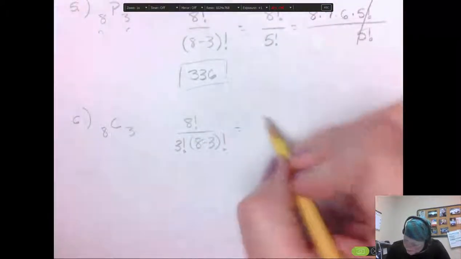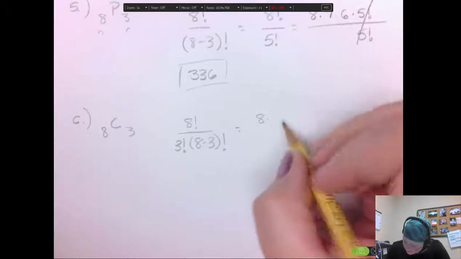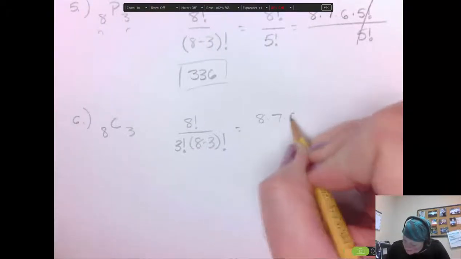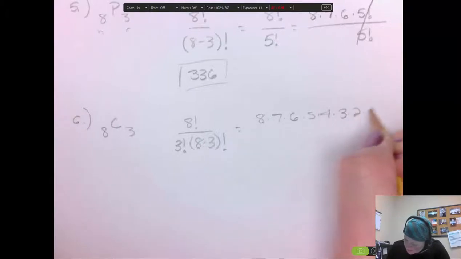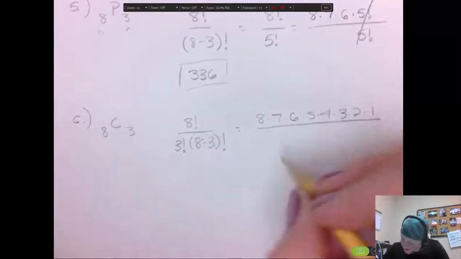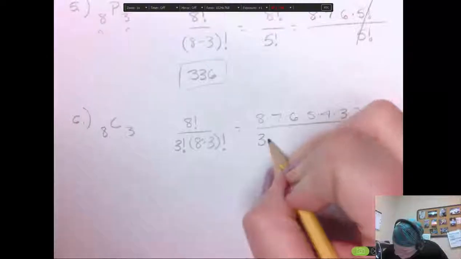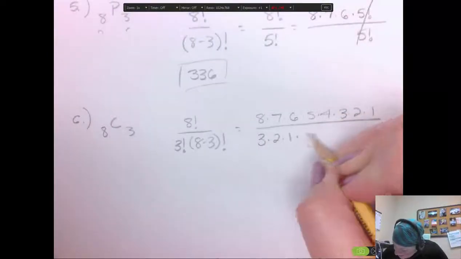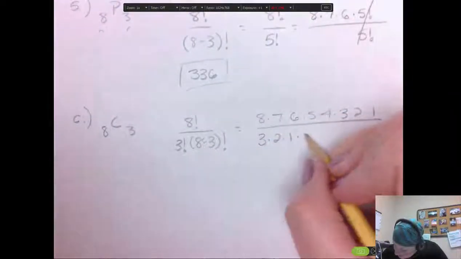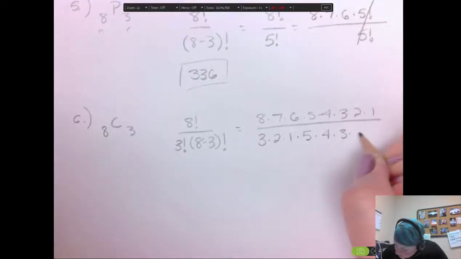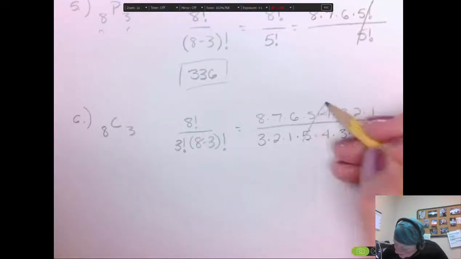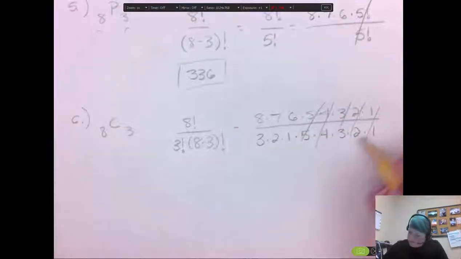we could think, all right, so we'd have 8 times 7 times 6 times 5 times 4, 3 times 2 times 1. You could do this on your calculator, but I kind of like showing you. 3 times 2 times 1 times 8 minus 3 is 5, so we'd have 5 times 4 times 3 times 2 times 1. So we can see that these ones all cancel.